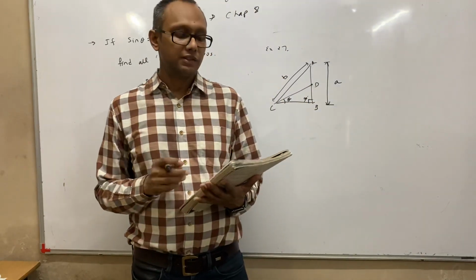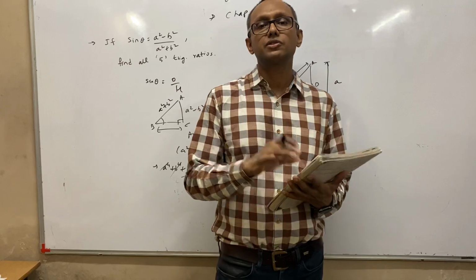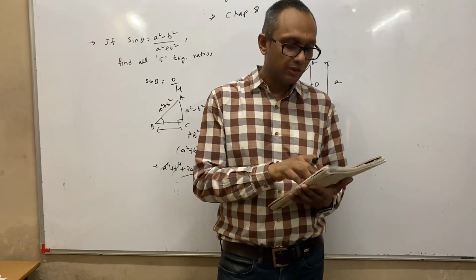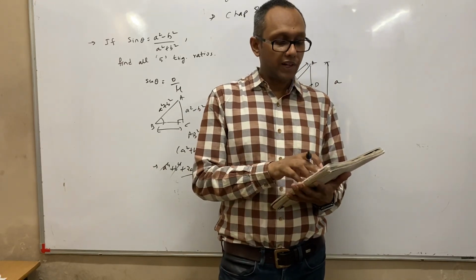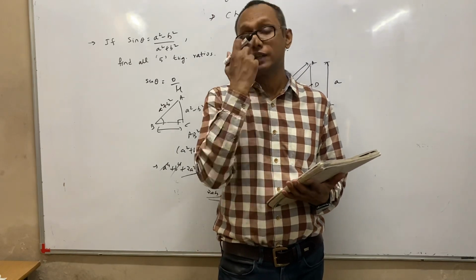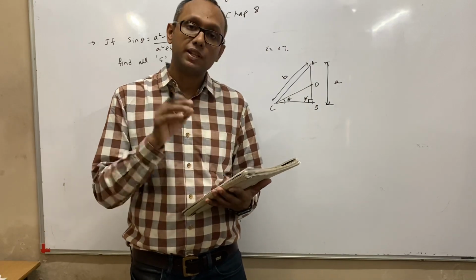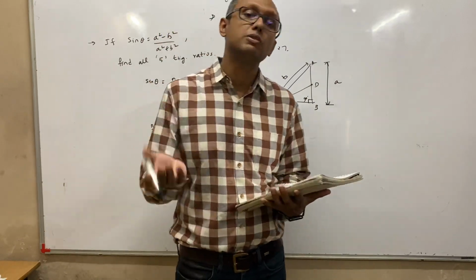Now some answers of some questions you will already be knowing. For example, the fourth one: the value of sin square theta plus cos square theta. You already know the answer will be 1, but of course now you have to substitute the values and get it.